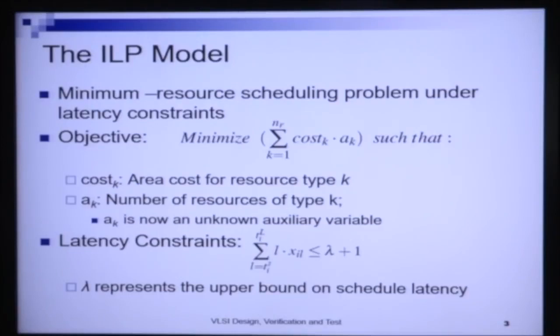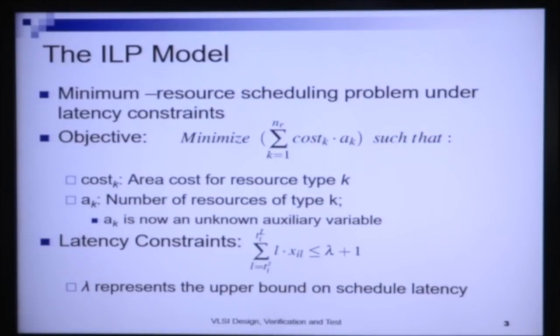Suppose I have two resources, adder and multiplier, and let us say A1 is the adder and A2 is the multiplier. Then cost 1 is the area cost of the adder, and cost 2 is the area cost of the multiplier.